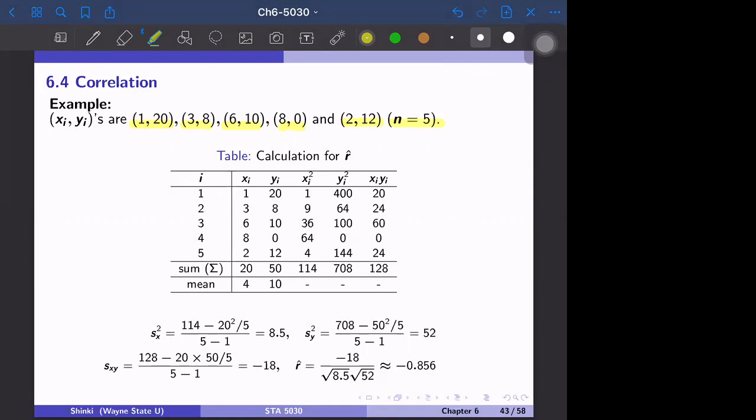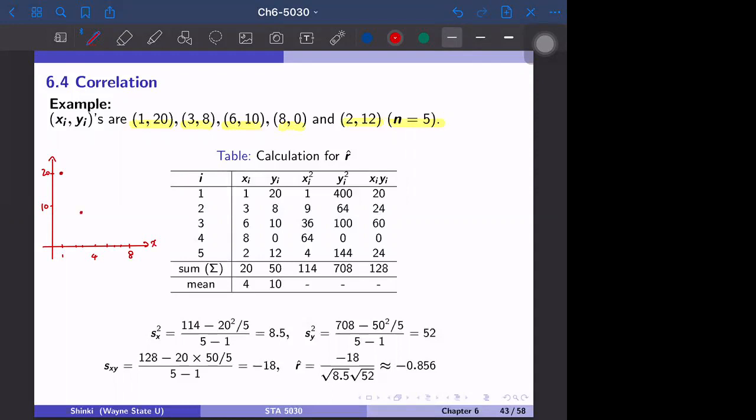So maybe it's good to make a scatter plot first. We have x and y, and x ranges from 1 to 8, maybe around 4 here, 2, 3, 5, 6, 7. And y ranges from 0 to 20, so 20, 8, 10, 0, and 12 are around here.